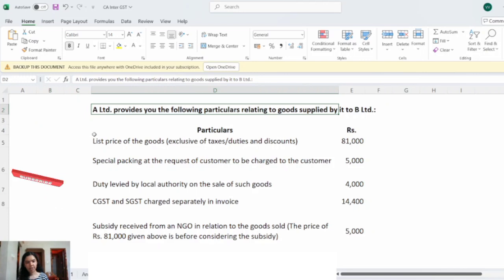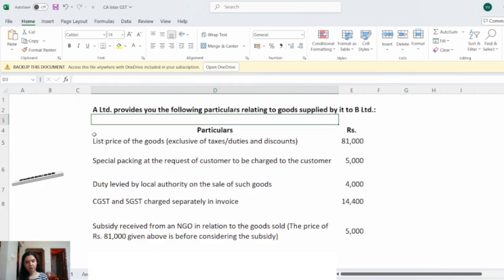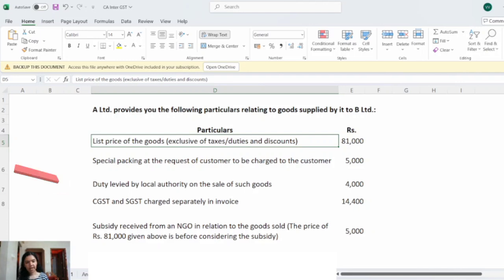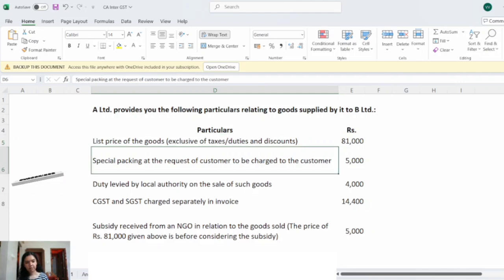A Limited provides you the following particulars relating to the goods supplied to it by B Limited. So following are the line items. List price of the goods exclusive of taxes, duties and discounts, rupees 81,000. Special packing at the request of the customer to be charged to the customer, rupees 5,000.